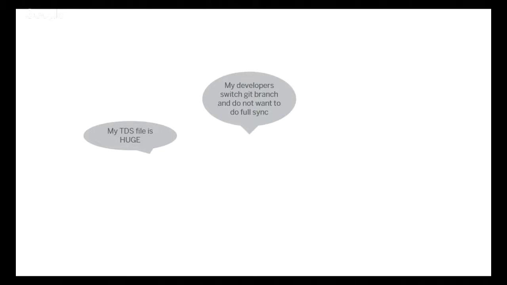Another common problem is that every time we do a git branch switch, we do not want to do a full sync. In a small team, it's kind of easy. You just ask your neighbor, hey, what content item do I need to sync to solve this broken homepage? I can't run anything. Oh yeah, you told me which item to sync. There you go. That level of communication doesn't work so well if you have 20 or 30 developers separated in multiple teams working on different features.